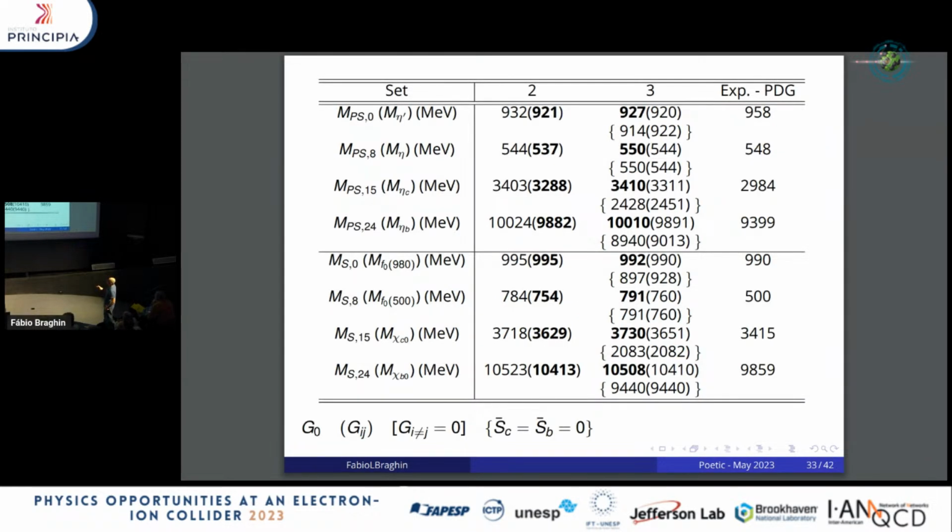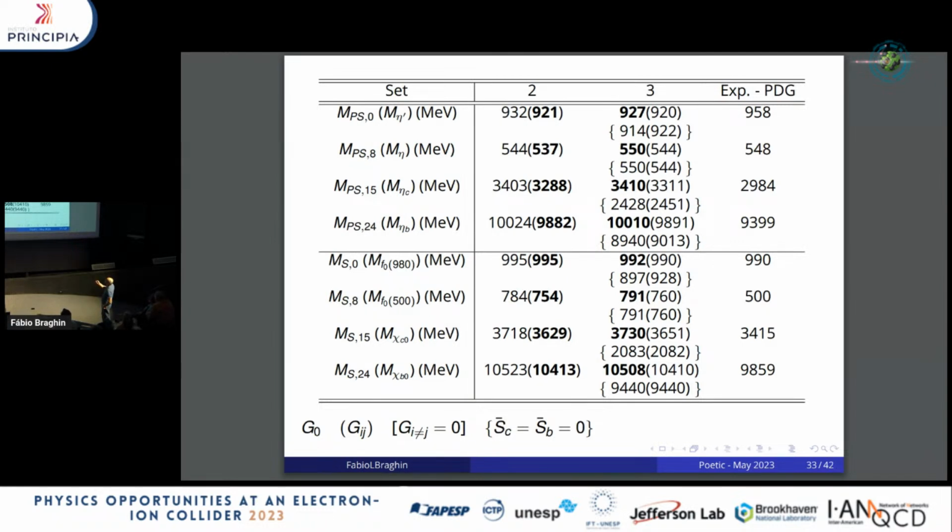So these are the generators that give rise to eta prime, and also to the so-called eta C and eta B. They have been measured, but they are less known than the lighter eta prime.